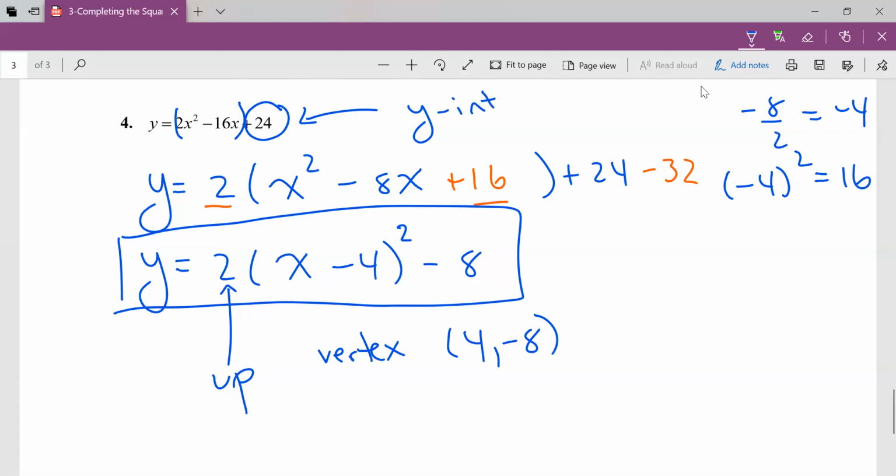Geez, friends, we know pretty much everything about this graph, except we don't know the x-intercepts. So guess what's coming in some lessons coming up? How do we find those x-intercepts? There you go, friends. There's how you complete the square algebraically.